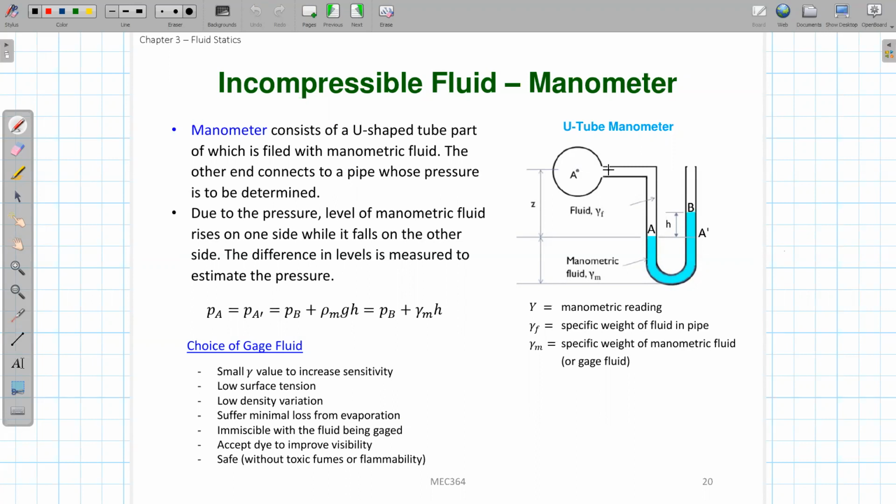Inside this tube is filled with some kind of fluid, which we call the manometric fluid. With this measurement equipment, we can measure the pressure of this fluid at this point.